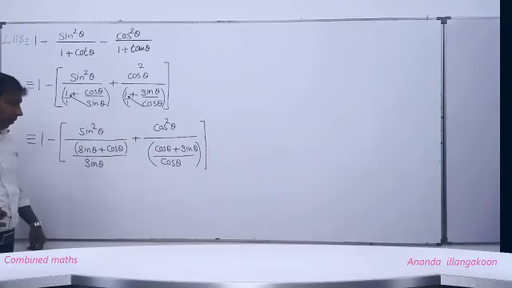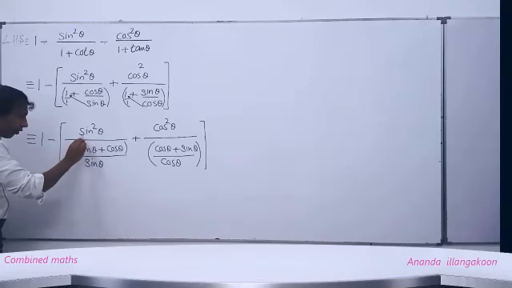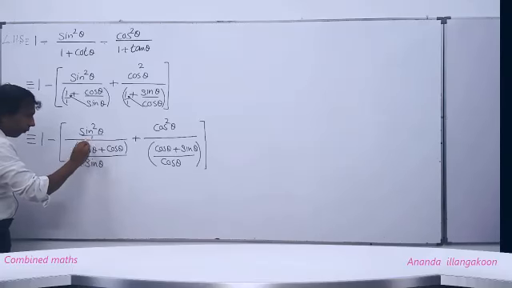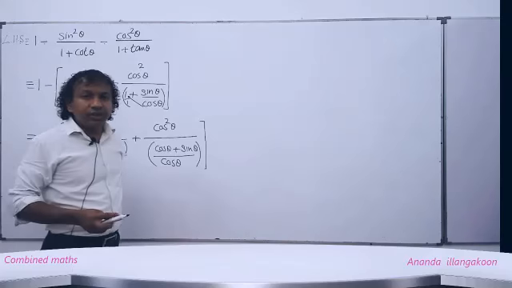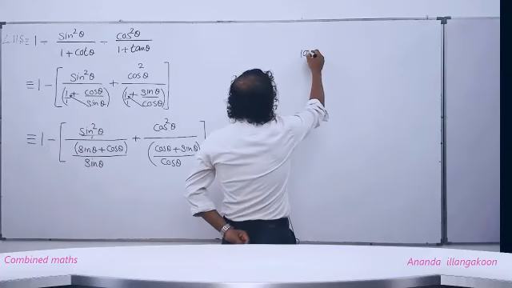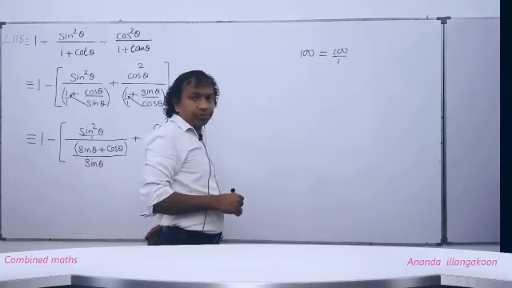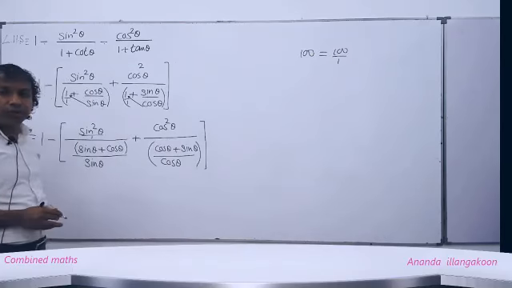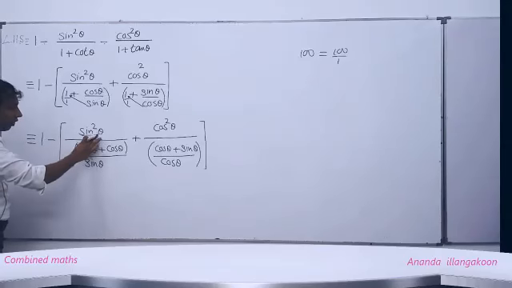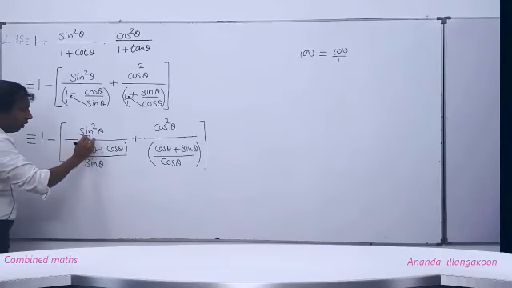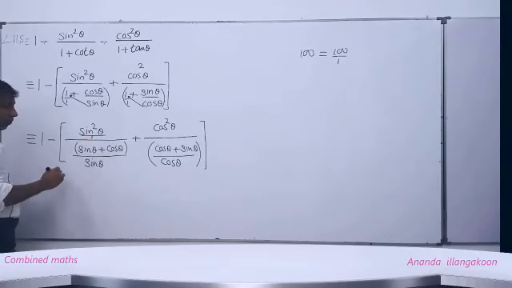Now you can very clearly understand here this sin square theta has the denominator 1, no? You know, when we write 100, people, this is really 100 divided by 1, no? When you divide 100 by 1 it is 100. So like that here only sin square theta we had. We can think this sin square theta has the denominator 1.